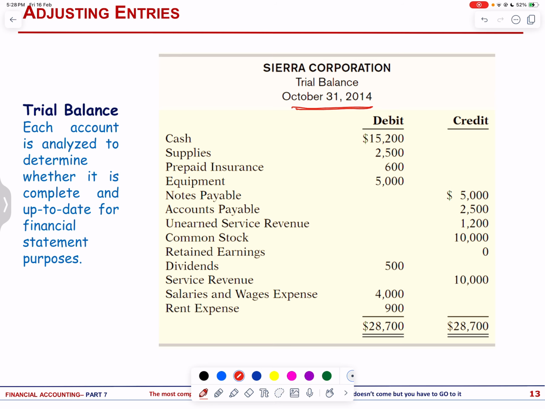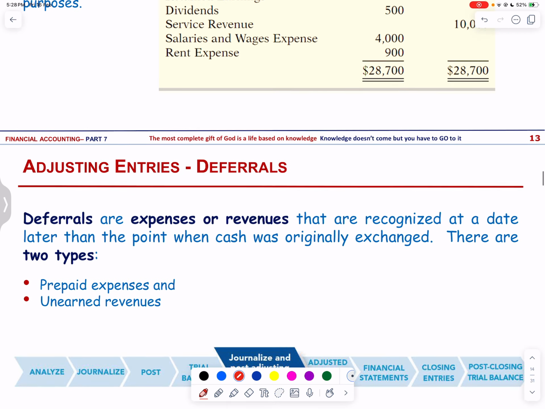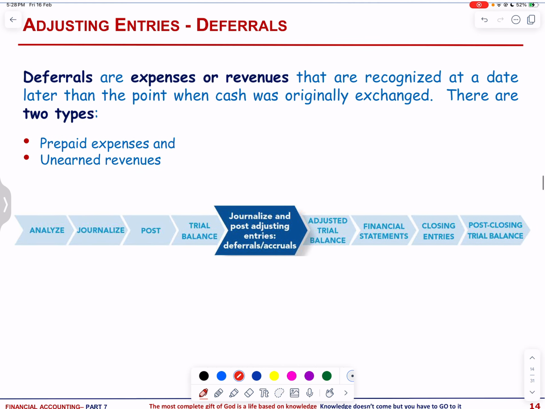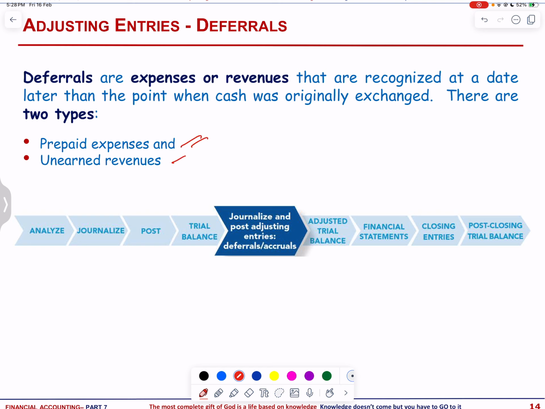As I have already said, in this video we are going to talk only about the deferrals. So deferrals are expenses or revenues that are recognized later than when cash was initially exchanged. They include prepaid expenses and unearned revenues.